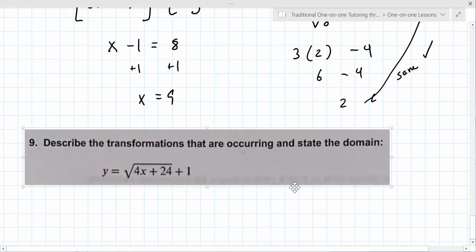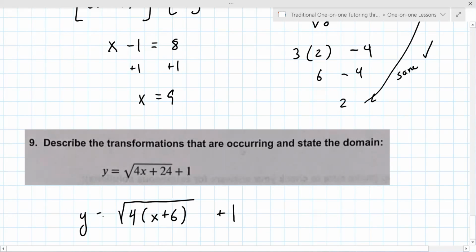So I think the best way here is to show you the transformation, show you some things here, and then say why. So I'm just going to perform a step here. Okay, so I factored a 4 out. To do the transformations, you can't have a number in front of x.